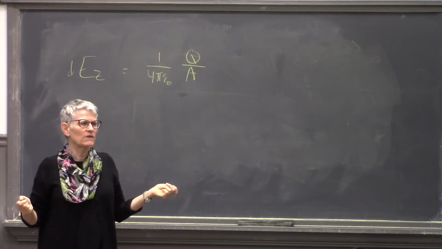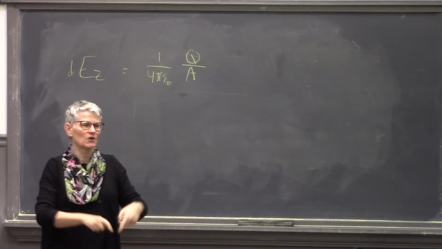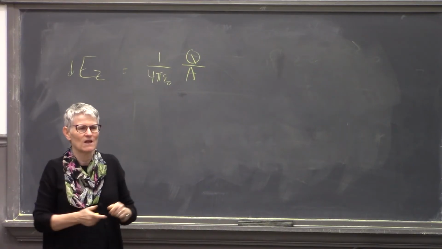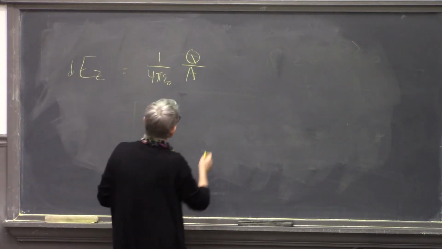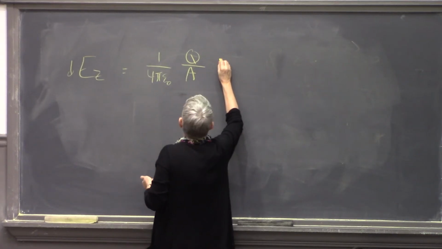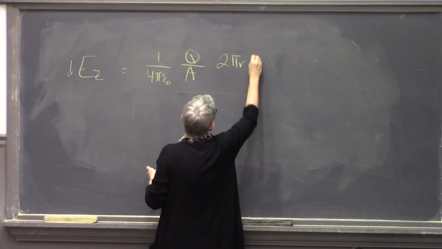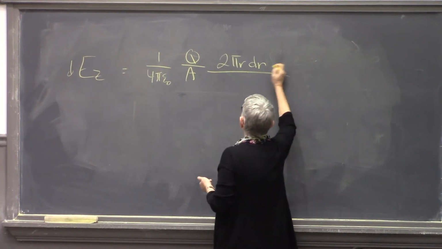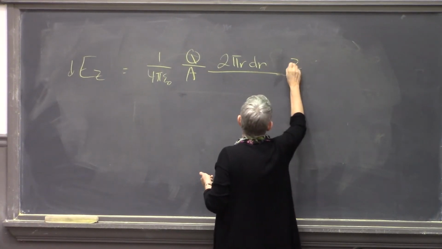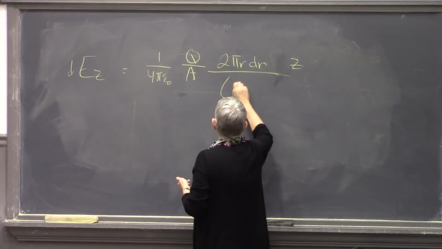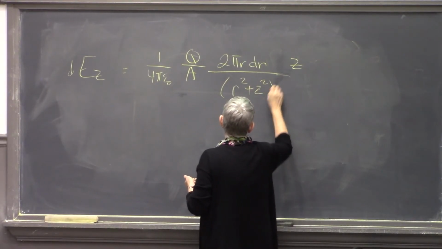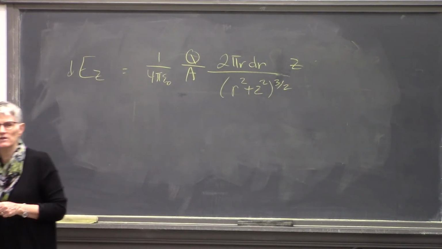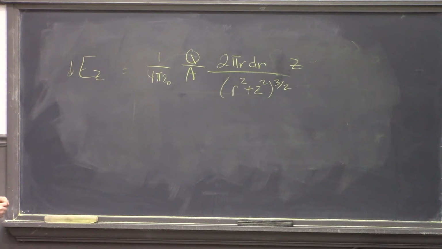Because it turns out, if the disk is big enough, it doesn't really matter if it's circular or square or rectangular or whatever, as long as we're close to it. We can't even see the edges. Times 2 pi r dr. So that's our delta q times z over r squared plus z squared to the 3/2. What are our integration limits? 0 to R.